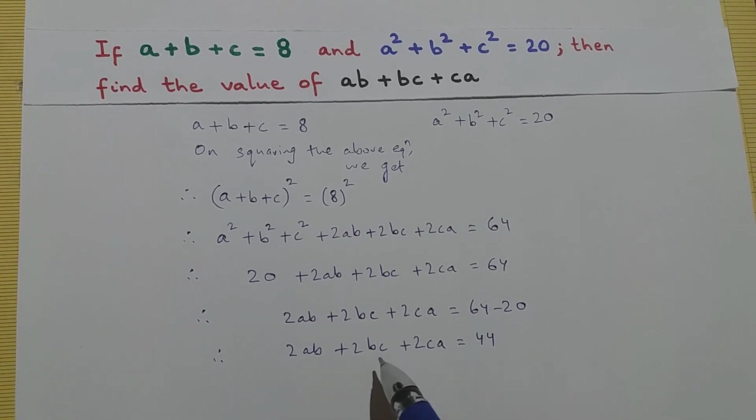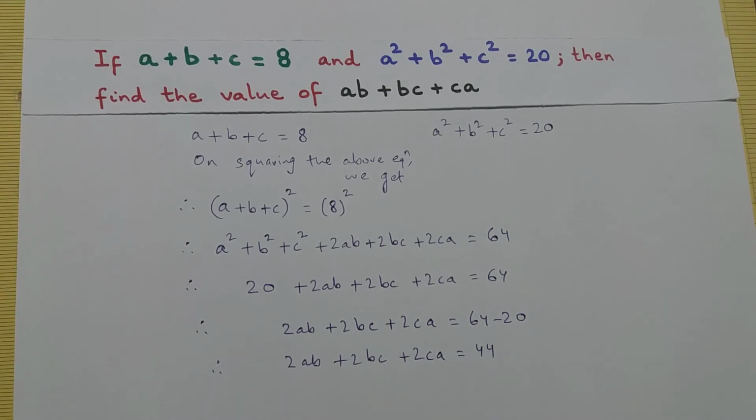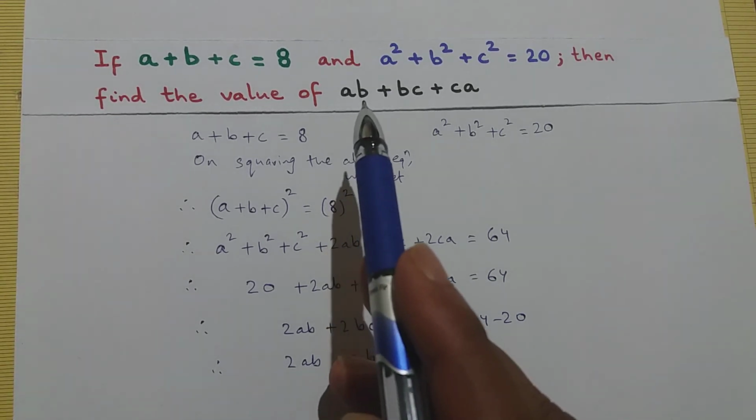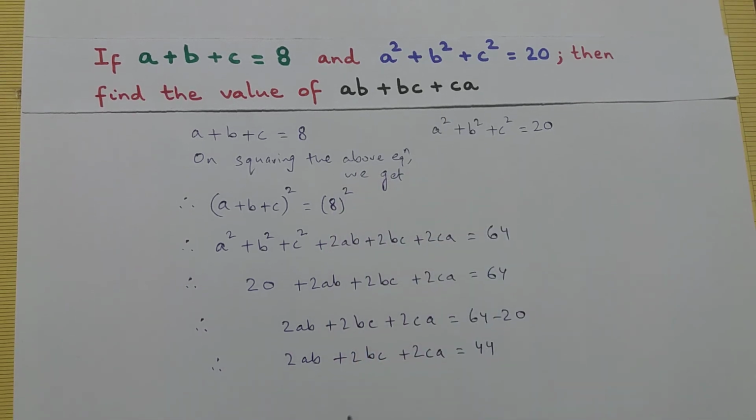So 2ab plus 2bc plus 2ca is equal to 44. And in this question we have to find the value of ab plus bc plus ca.